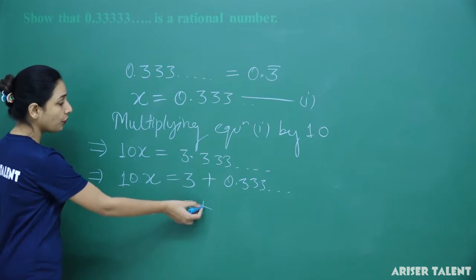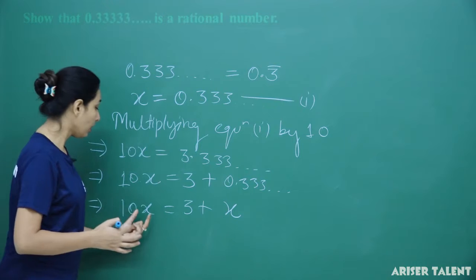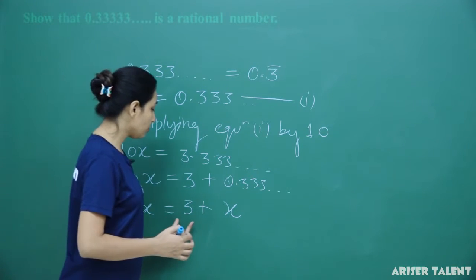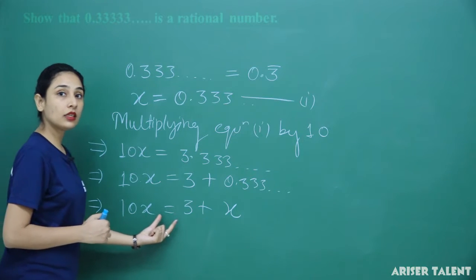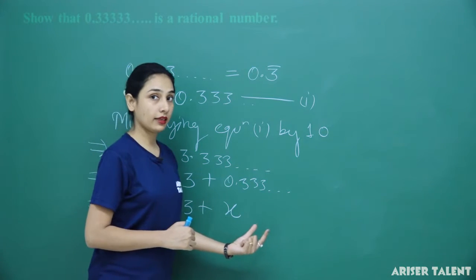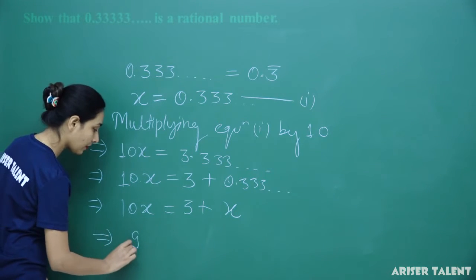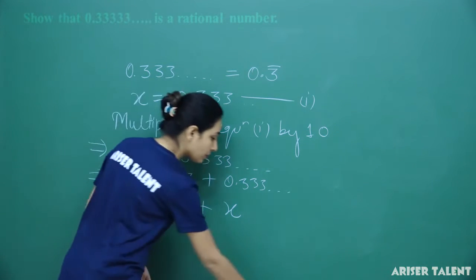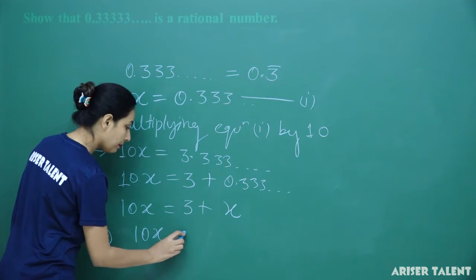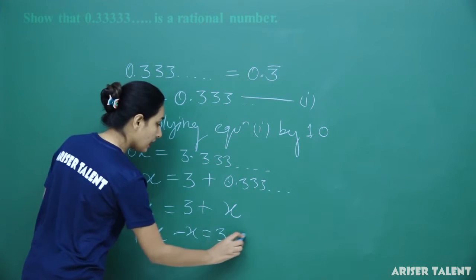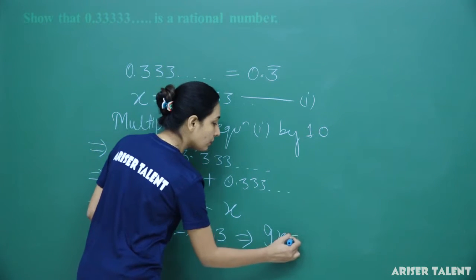So just put this x here. Now my equation became 10x equals to 3 plus x. Now x will come to the left and it will become 9x, how? Because it will become 10x minus x equals to 3, and that will eventually give you 9x equals to 3.